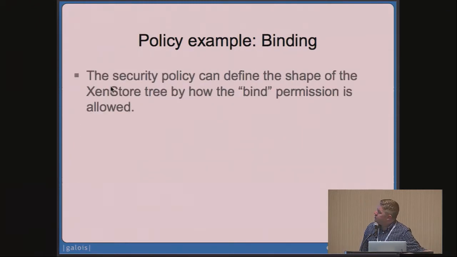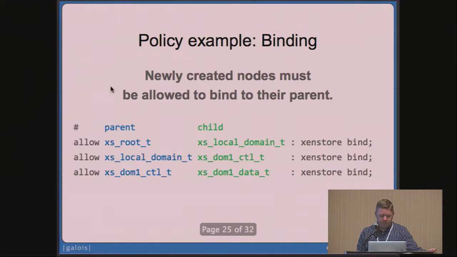So another cool thing we can do with policy is what I call binding. This is a set of permissions that are from a node to another node. So there's no domains actually involved in these rules, but it allows us to define what the shape of XenStore should be. In this case, these are the allow rules necessary to get us to the example that I showed at the start of this section, where we say, first line, a node of type xenstore root T, the parent, is allowed to have children of type xenstore local domain T, the child.